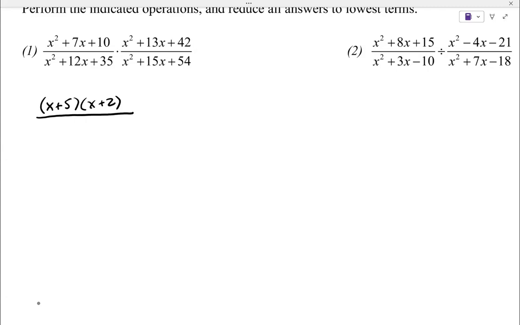For 10, I need things that multiply to 10 and give me 7 when I add them. So 2 and 5 will work. On bottom, again, we have x squared. So we have x and x. We need things that multiply to 35 and add to 12. What works? x plus 5 and x plus 7. Good.